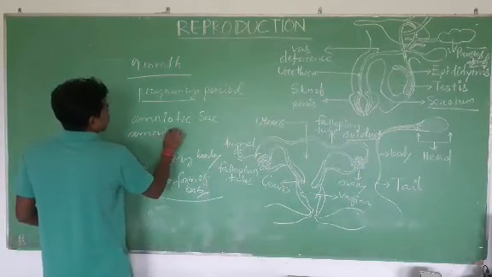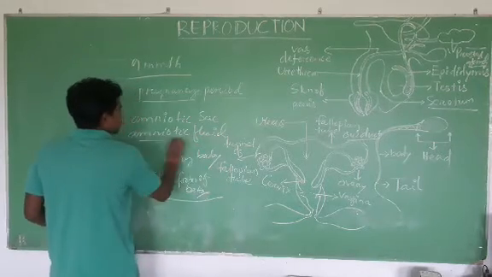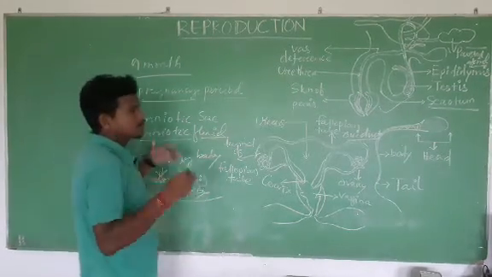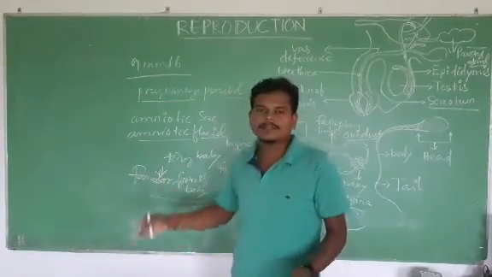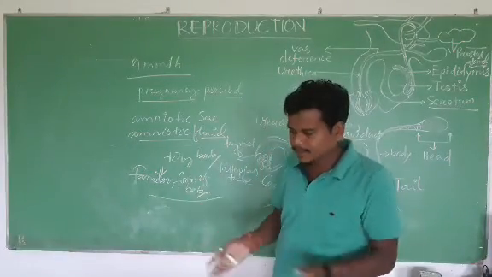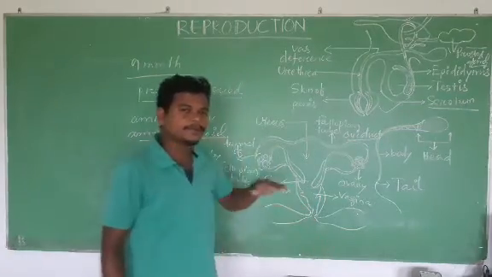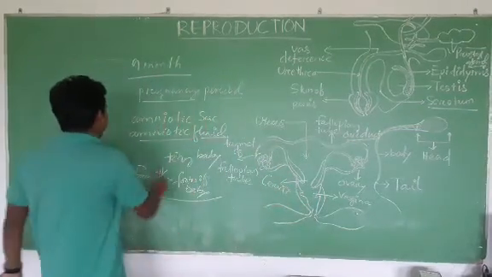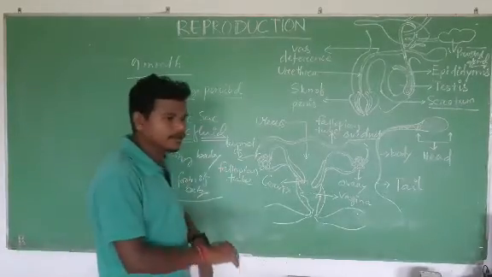I will discuss the functions of amniotic fluid. That fluid helps the baby to rotate inside the mother's womb, and when the birth period comes, the fluid becomes more thick.